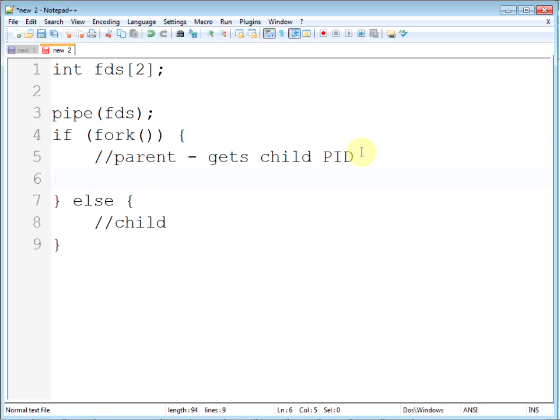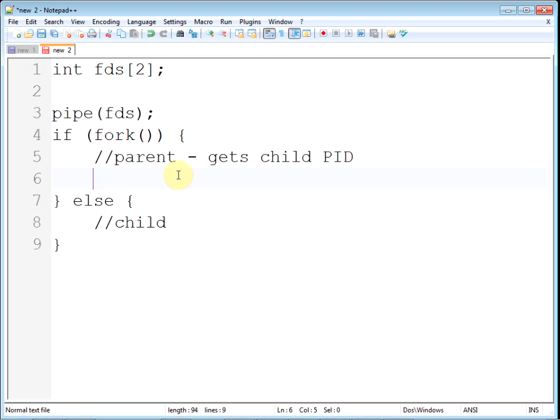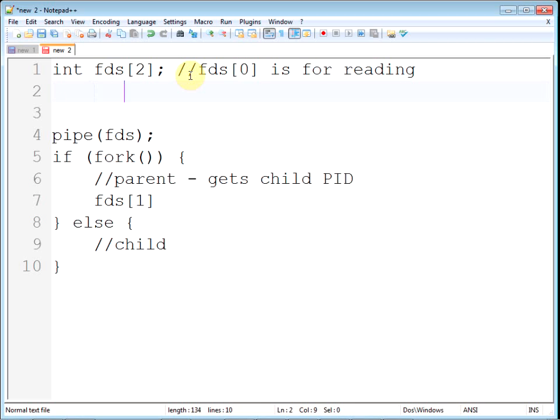So now let's say, what did we say here? The parent wants to write, okay, and the child wants to read, okay. So the parent wants to use FDs of 1. FDs of 0 is for reading. FDs of 1 is for writing. FD stands for file descriptor, basically a number, right?